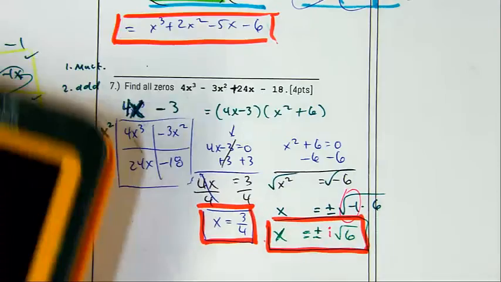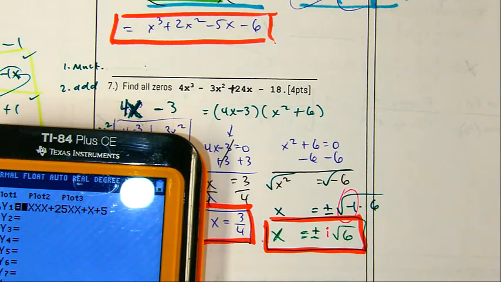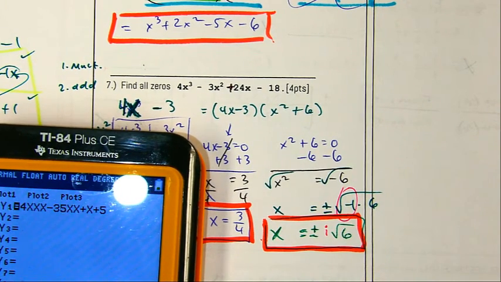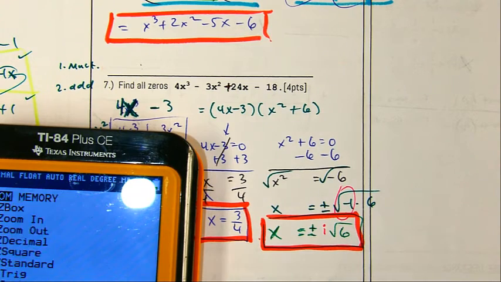And then I'm just going to plug that into my graphing calculator just to double check. So 4x cubed minus 3x squared plus 24x minus 18. Let's see what it looks like.